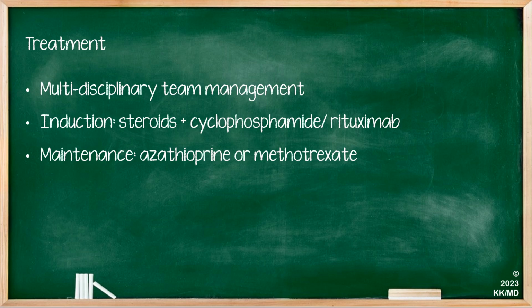In terms of induction therapy, so this is to induce remission of disease when a person first presents, particularly with severe manifestations, we will be looking to give them high-dose steroids, usually intravenously, along with either cyclophosphamide or rituximab, and that really depends on the patient profile in terms of how young or old they are, also other comorbidities, and also in terms of how quickly we are looking to induce remission. In terms of maintenance therapy, this tends to be with a DMARD such as azathioprine or methotrexate.